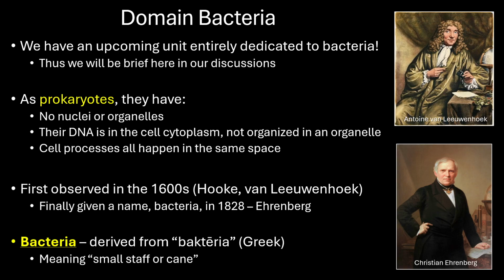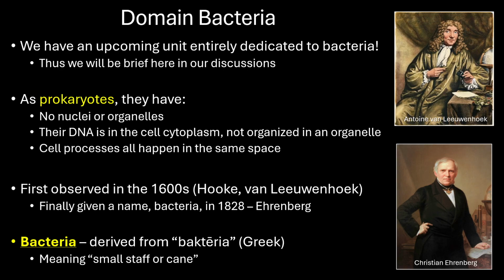Okay. Now these cells, this group was first observed in the 1600s by Hooke and Van Leeuwenhoek, both of them together when they were doing a lot of their first descriptions of what cells were, looking through these early microscopes. At the time, they didn't really give them a special name.